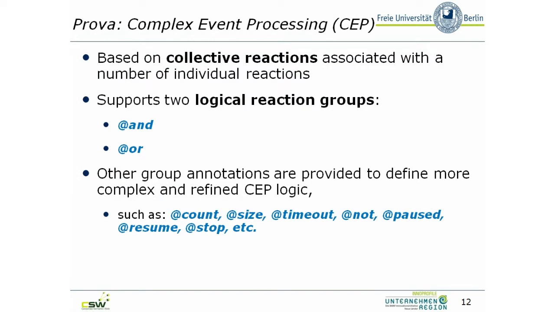And we know there are many workflow patterns. Since our workflows are event-driven, we need to process complex events at runtime. Prova supports complex event processing based on collective reactions, and currently supports two logical reaction groups, AND and OR.